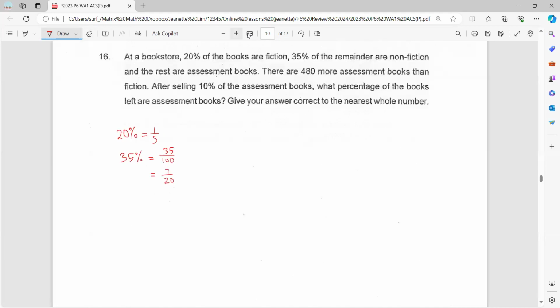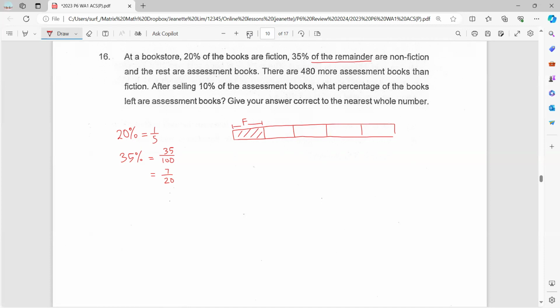Now, what I'm going to do next is draw a model, because here it says of the remainder. So I'll draw the model for 1/5 first. So 1/5 of them are fiction books. This is for fiction.